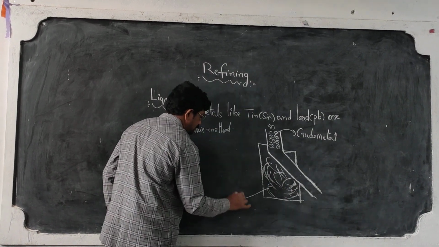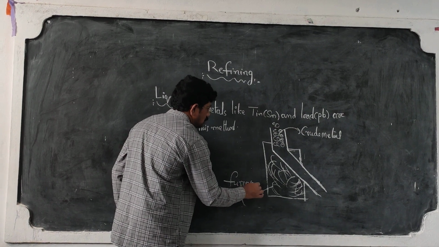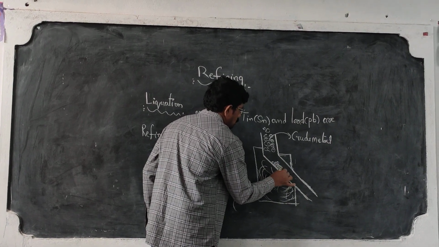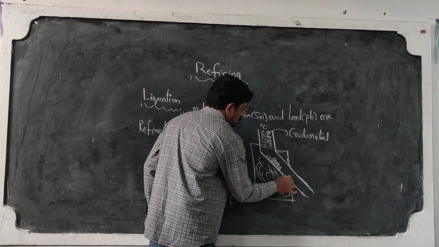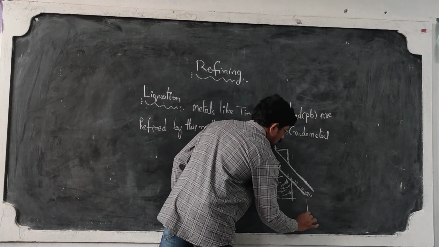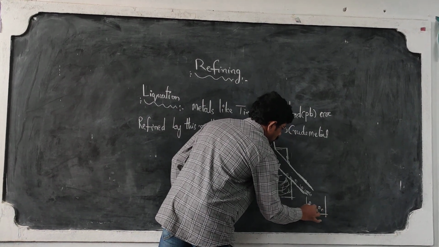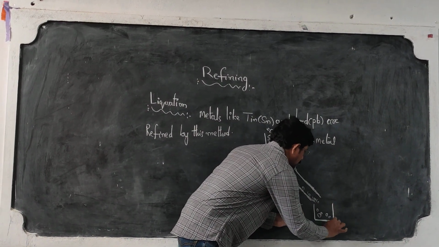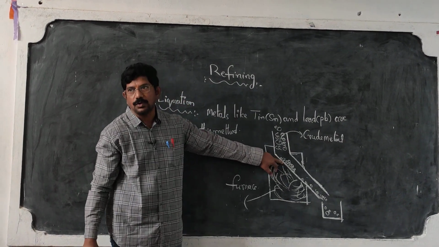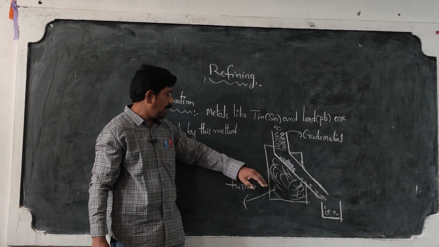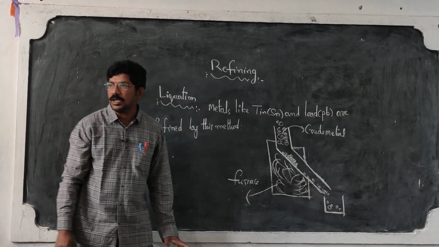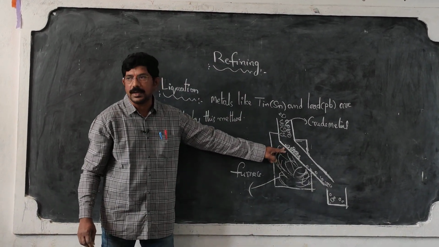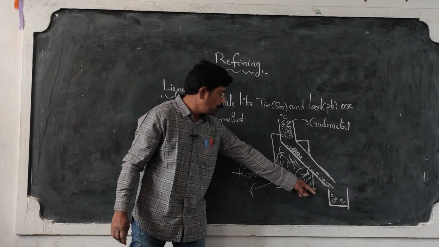This is the furnace. Because of the low melting point of the metal, the pure metal melts first and is collected here, and the impurities are left over there, sticking to the surface.